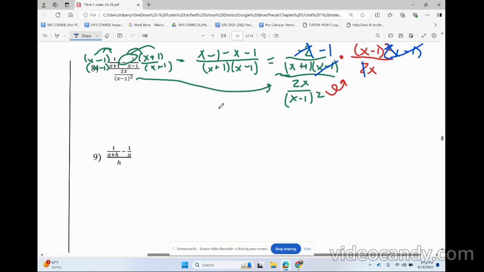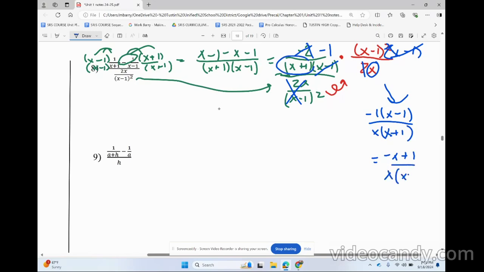Okay, and so now what is kind of left over here, this one's kind of gone because I flipped that upside down. But what's left over, on top I have a -1 and I have x minus 1. On bottom I have an x from right here and then the x plus 1 from the other side over here. Okay, and I would probably write that as, I would probably distribute that numerator, distribute that -1, but remember I don't like that denominator distributed. So I'd leave it like that.